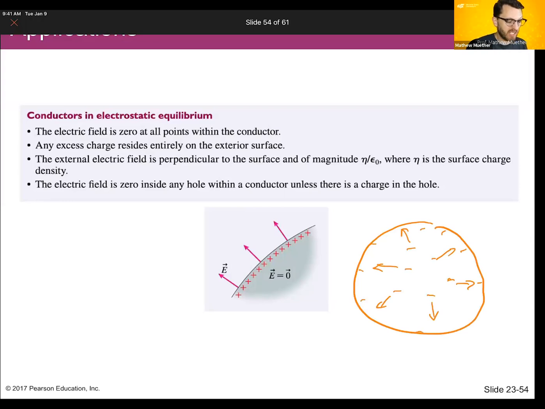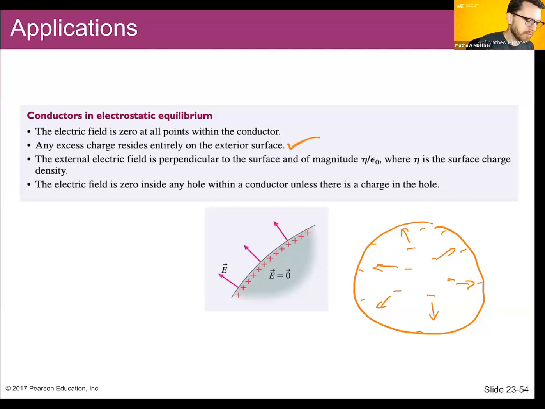So for a conductor, all the excess charge always lives on the exterior surface of the conductor. That's just because the charges are mobile. That's just the definition of a conductor. The charges are free to move, and because charges like to push each other away, they're going to try to get as far away from each other as possible, so they're going to push themselves to the walls of the conductor. Any excess charge resides entirely on the exterior surface of this object.